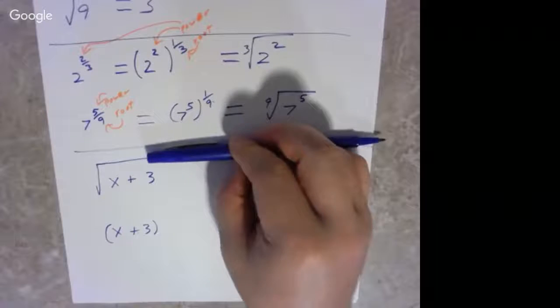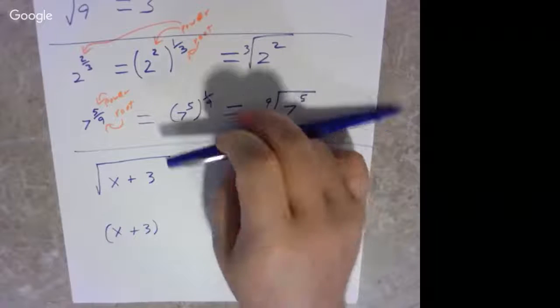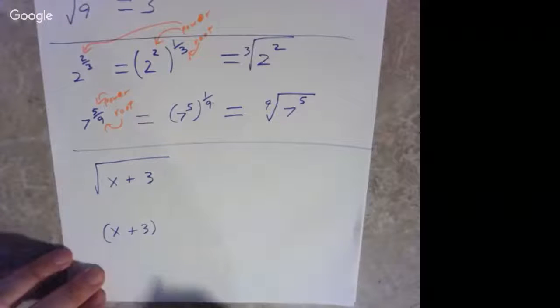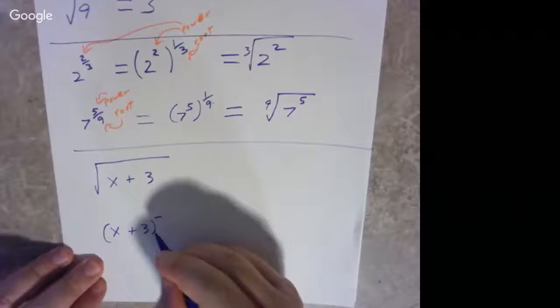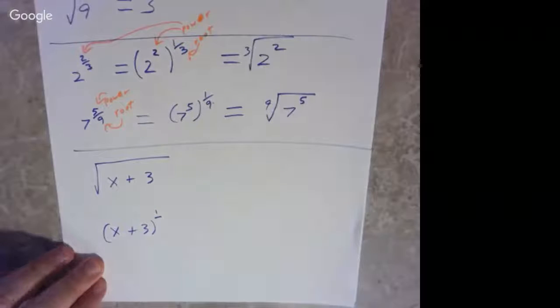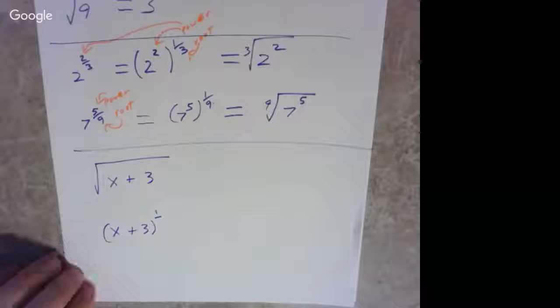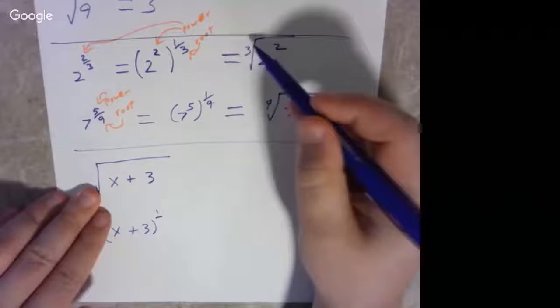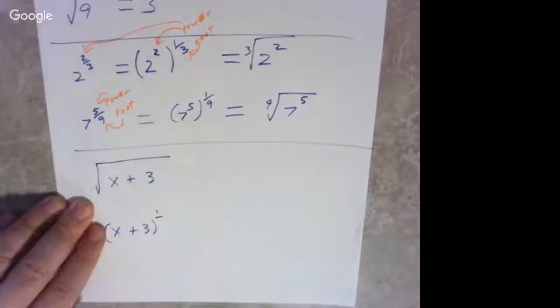This roof extends all the way over past the 3. So this root is being applied to that whole expression. And we know it's going to be a fraction, 1 over something. 1 over what? Before we started adding all kinds of crazy numbers over here, we were probably comfortable with calling this a square root.